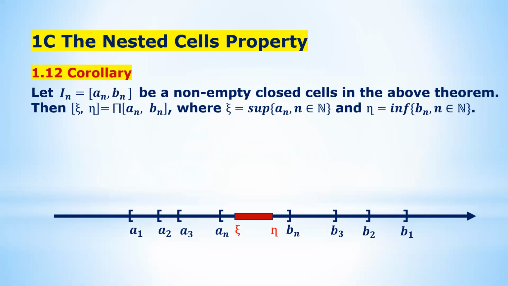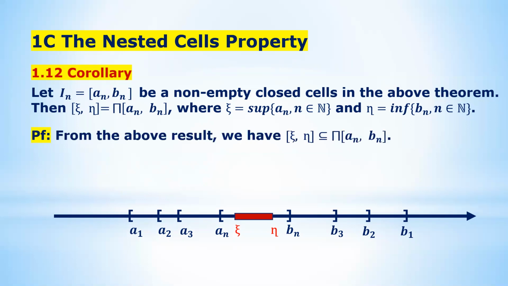Okay, so now let's see how we can prove this. From the previous result, we know that this interval is already contained in this intersection. So what we need to show is that this intersection is also contained in this interval, right?